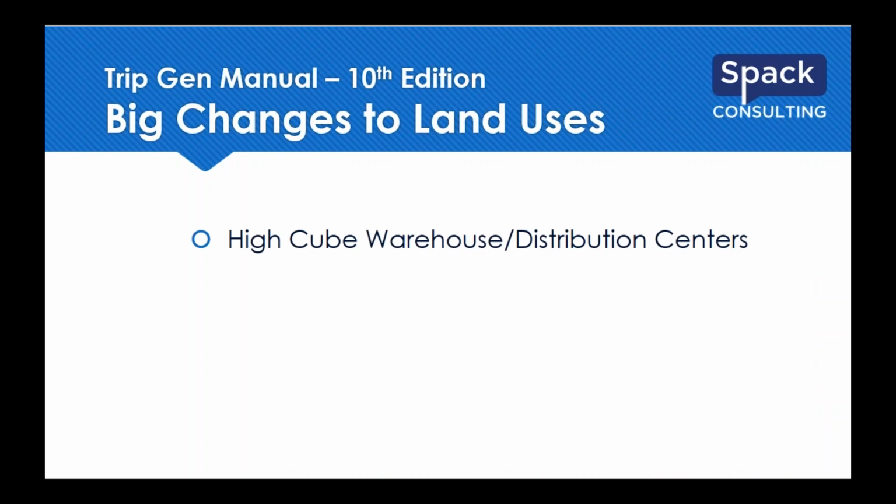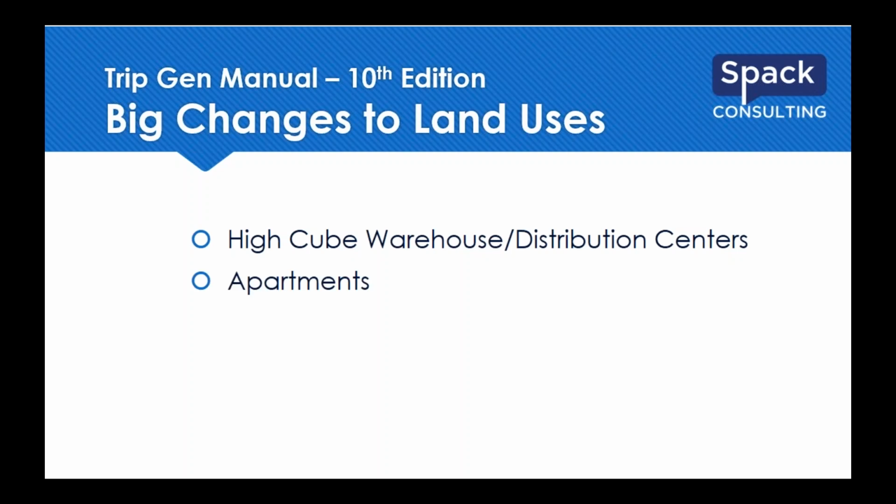So there are three big changes to specific land uses, fleshing out and reworking the descriptions and the codes. The first one is the high cube warehouse distribution centers. These are the big Amazon ginormous facility types that are obviously popping up around the country.